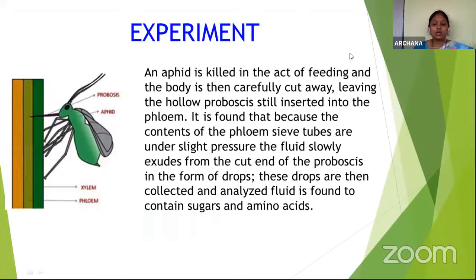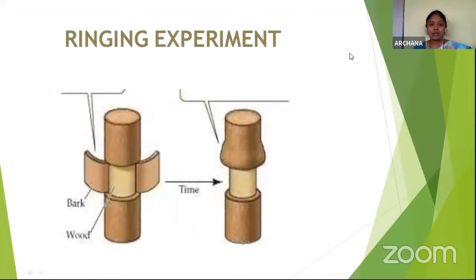Then biologists also did another experiment, the ringing experiment, to find out whether phloem conducts food materials or not. For this, we have to select a tree having a bark.